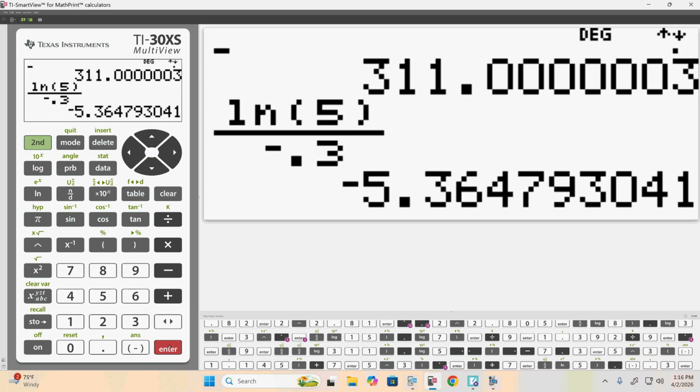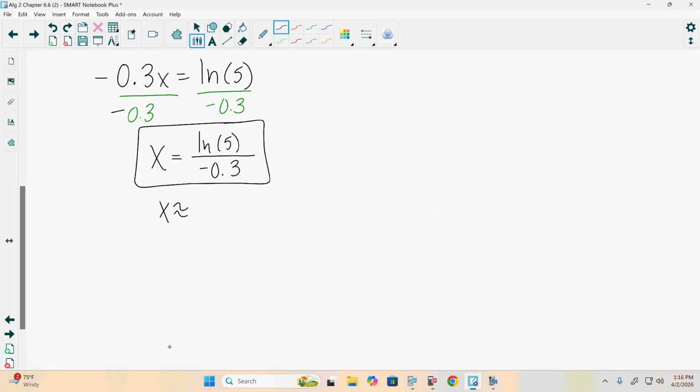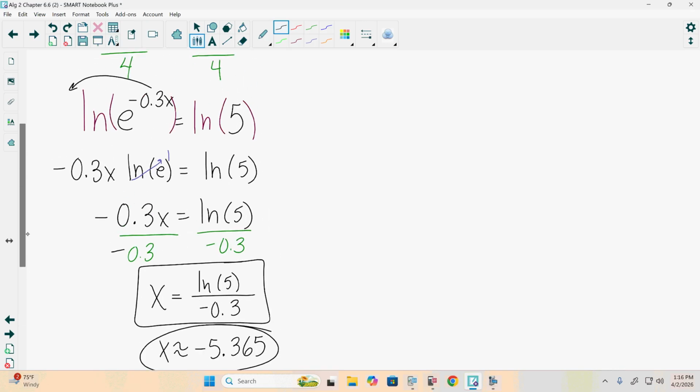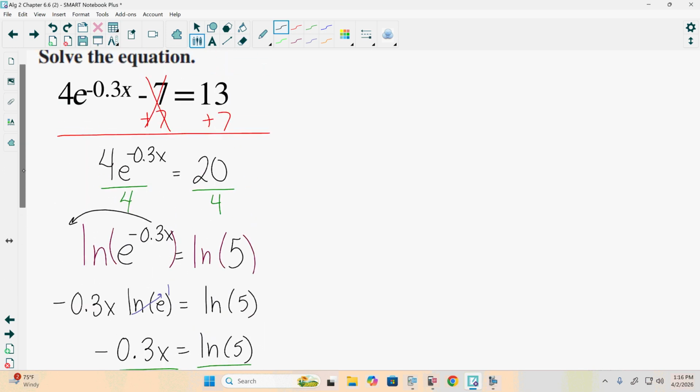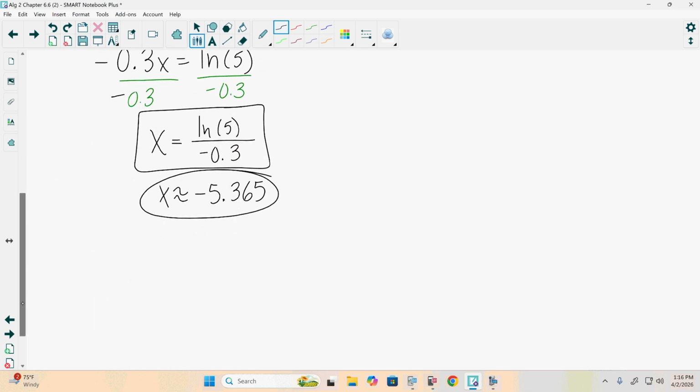Telling us that it is going to be negative 0.53647 or negative 5.365. Questions on this here?